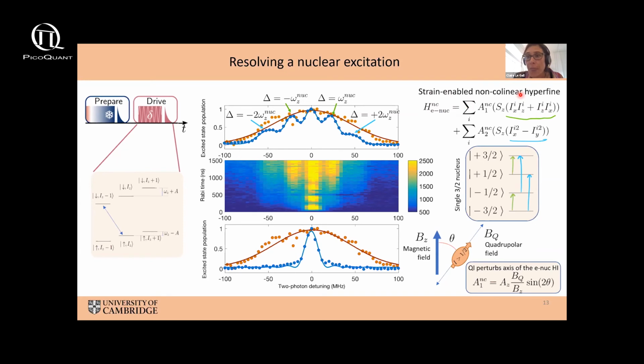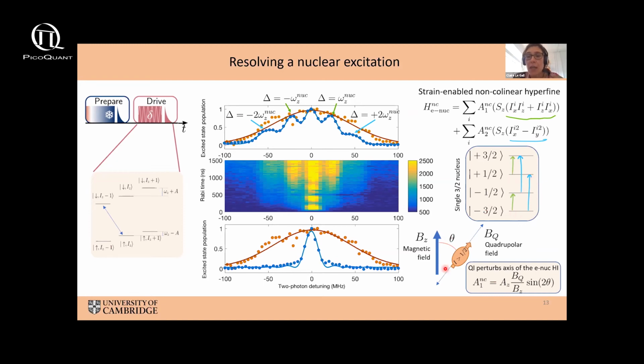So if you look at this non-collinear hyperfine interaction, it actually looks very similar to a quadrupolar Hamiltonian with terms which are quadratic in the I operators. And you have these terms which are linear in IX that will give rise to delta M equals 1 nuclear transitions, if you look at the single nucleus picture. And these terms which are quadratic in IX and IY give rise to delta M equals 2 nuclear spin transitions.